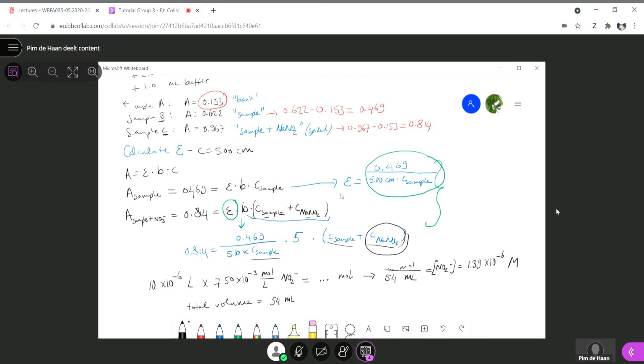Okay, questions about this part? And this should be 7.50 times 10 to the negative 9, negative 8, I think. Something like that.